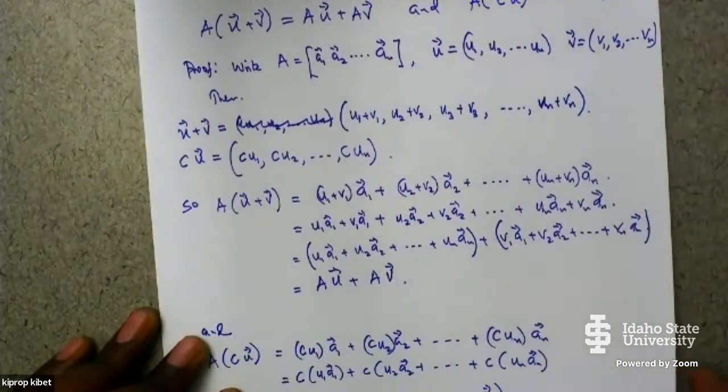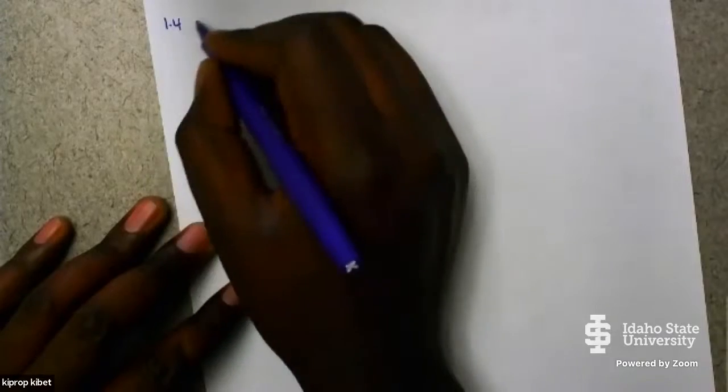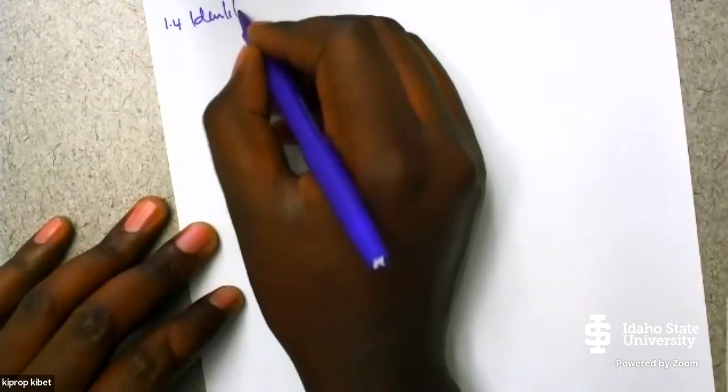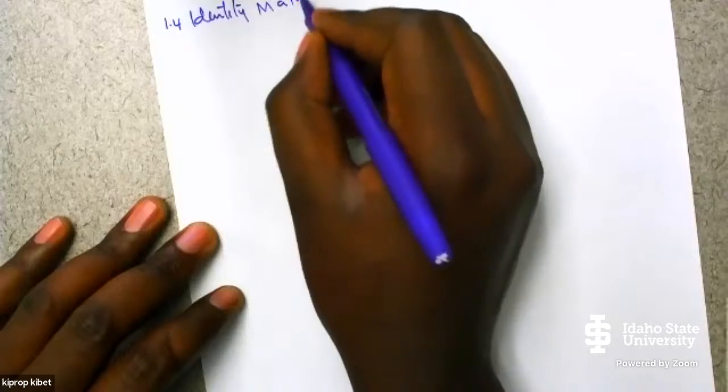Okay, let's come to 1.4, and this is the identity. What is the identity matrix?